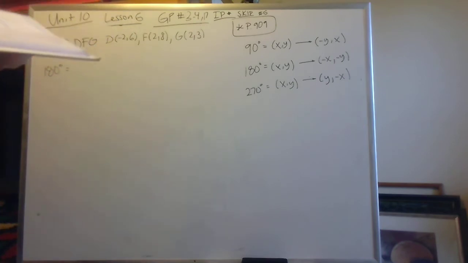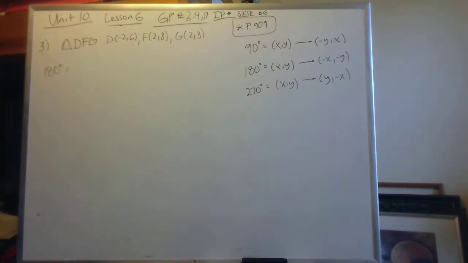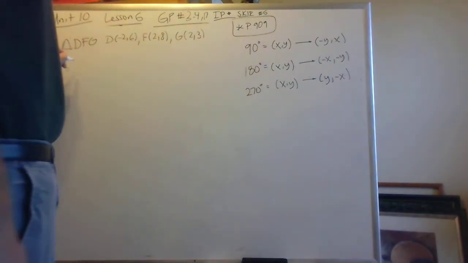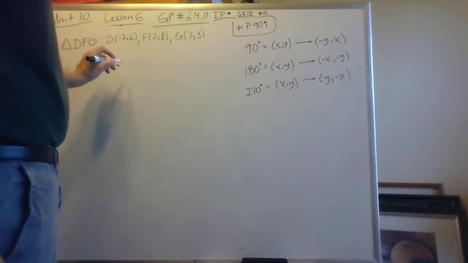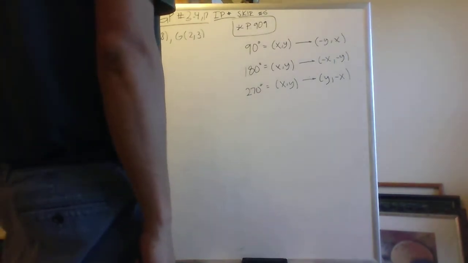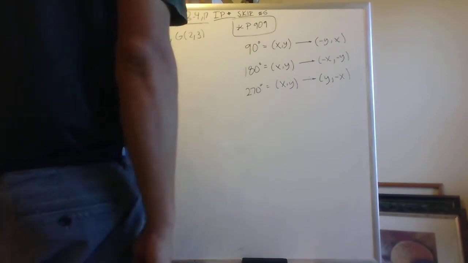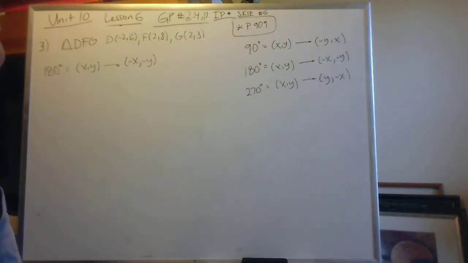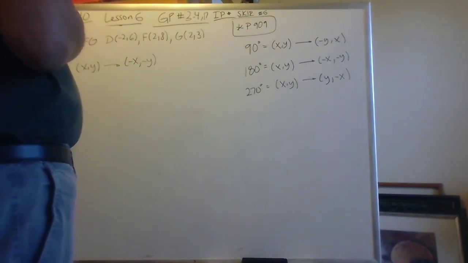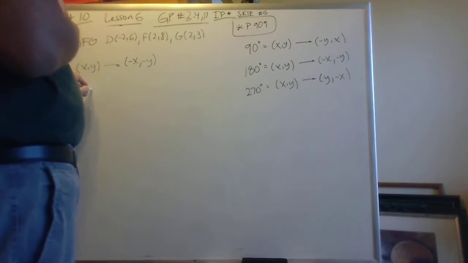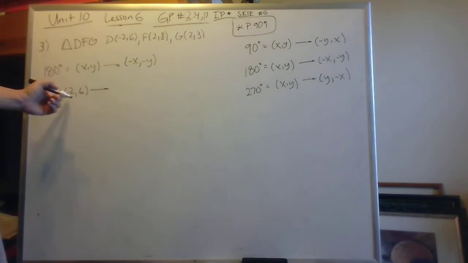And what that means is, essentially, we're going to follow this pattern. So our x and y coordinate is going to change into negative x, negative y. So what we're going to do now is put point D, and that's at negative 2, 6, or vertex D, and we're just going to follow this pattern.